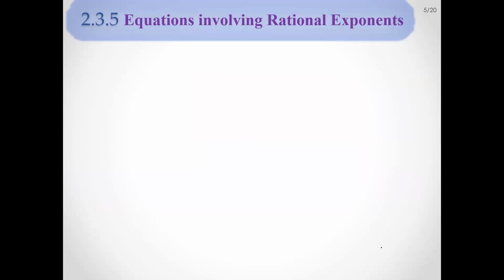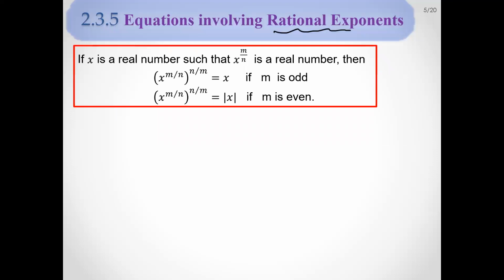Last type in this section, when we have a rational exponent. So radicals and rational exponents are more or less the same idea, since radicals can be seen as rational exponents and vice versa.